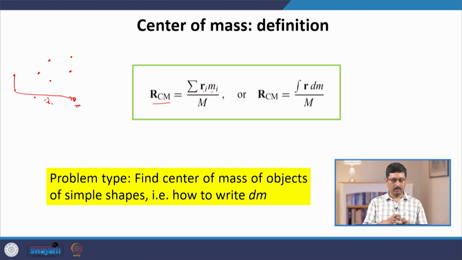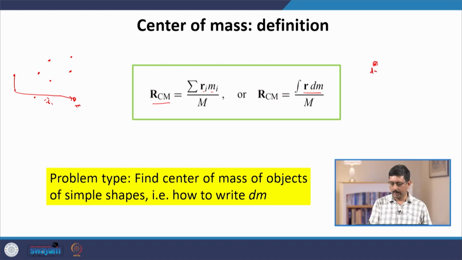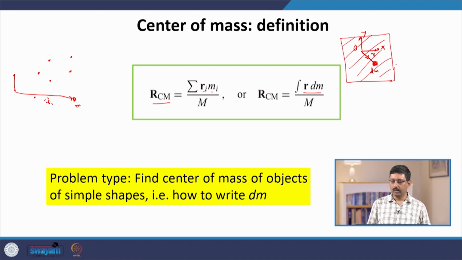Now, if instead of point particles you have a continuous mass distribution, then this sum will be replaced by an integral. You have a small element of mass dm located at some position with respect to the origin, with this being x and this being y, and let us say you have an object that is a square, and this is one element of the square.